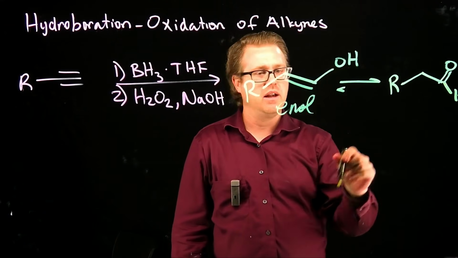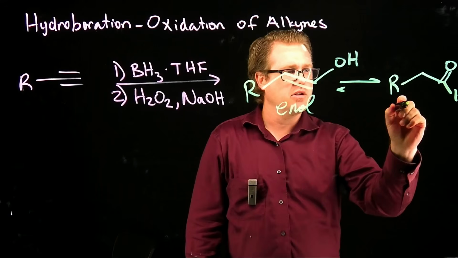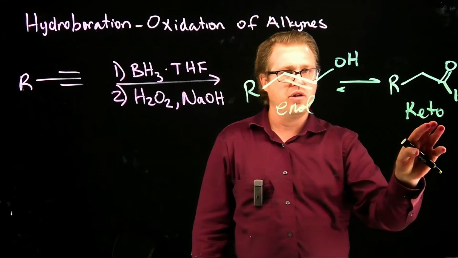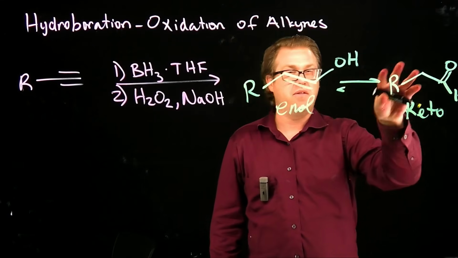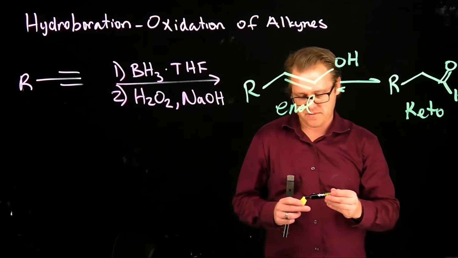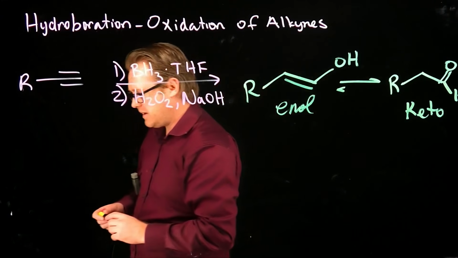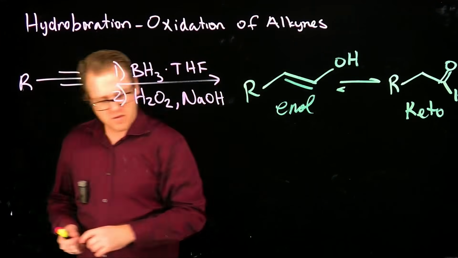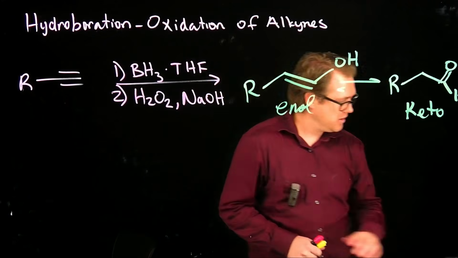We've gone to the aldehyde, but we still call this the keto form. This is the enol, this is the keto form, but what functional group did we make? Well, we made an aldehyde.